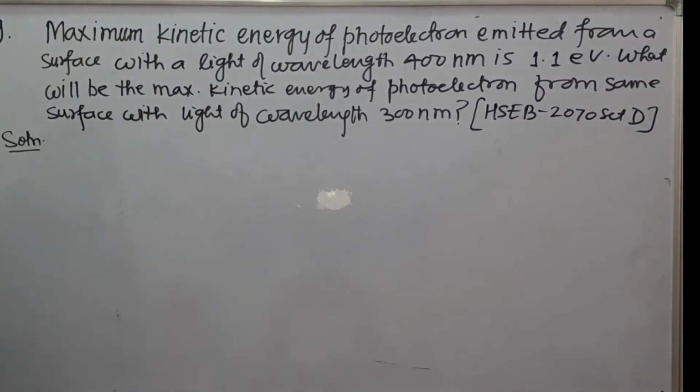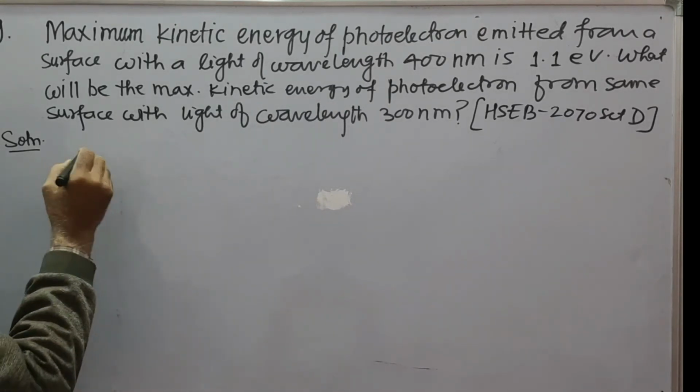Next, question number 9 is, the maximum kinetic energy of photoelectron emitted from a surface with light of wavelength 400 nanometer is 1.1 eV. What will be the maximum kinetic energy of photoelectron from the same surface with light of wavelength 300 nanometer?